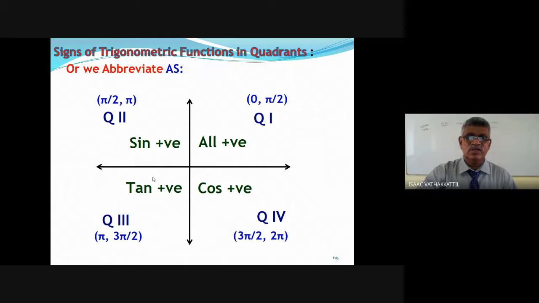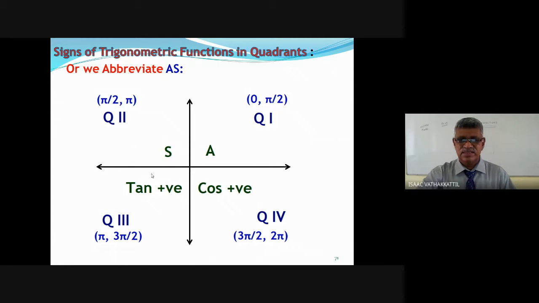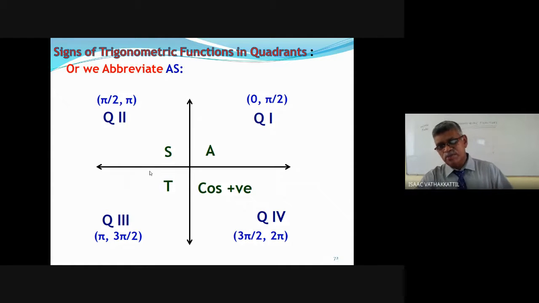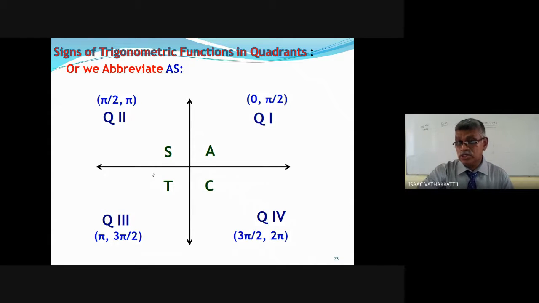Or you abbreviate this as A means all positive, S sine positive, T tan positive. When I say tan positive, its reciprocal is also positive. C is cos, not cot, cos positive.